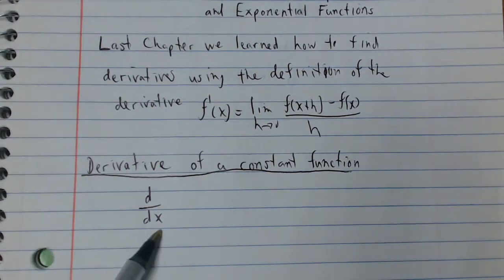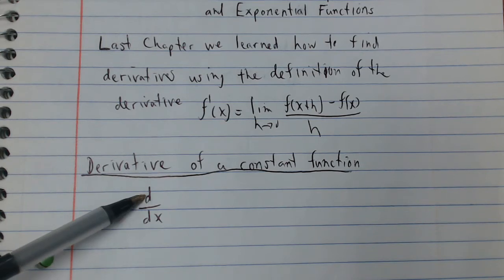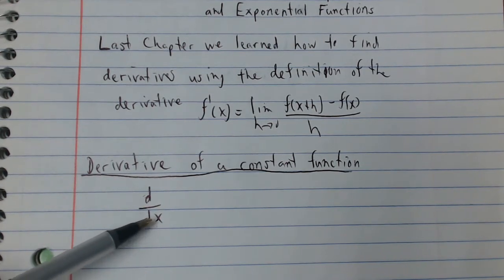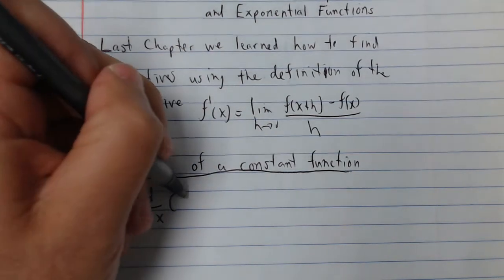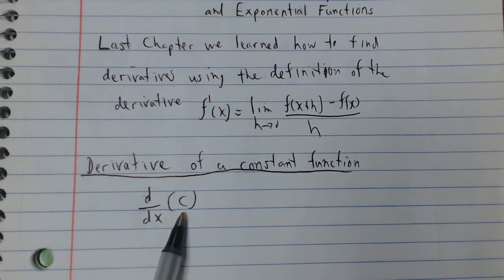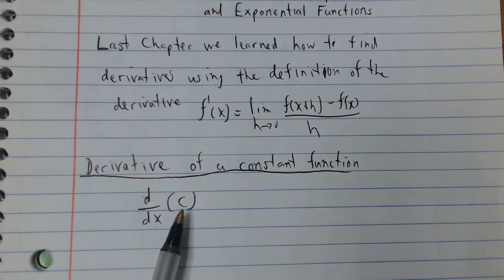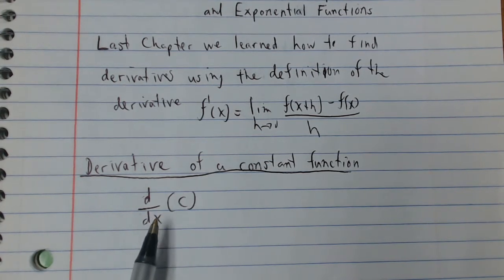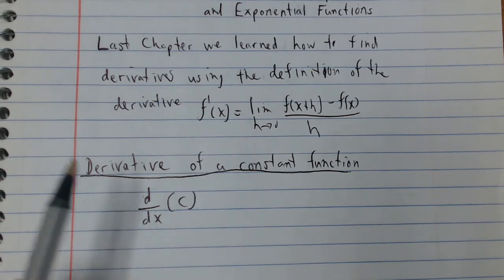If you remember this notation, last chapter I said d dx means you're finding the derivative with respect to x. So x is my independent variable. So if I look at this, what am I treating c as? C is treated as a constant because of this d dx. This is telling you that x is your variable. So you're finding the derivative with respect to x.